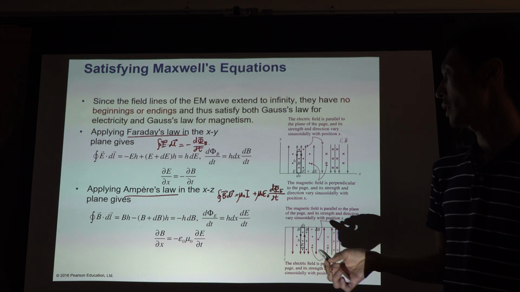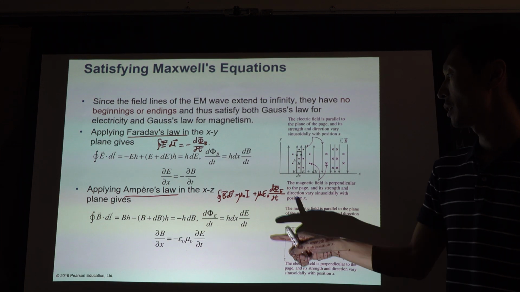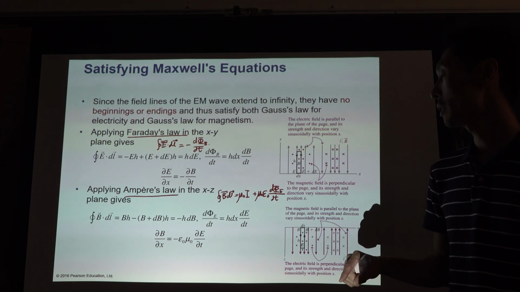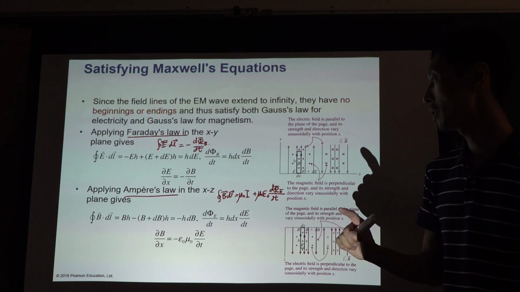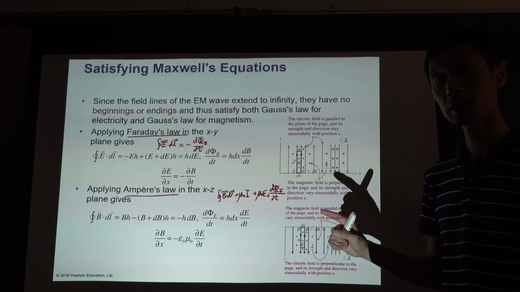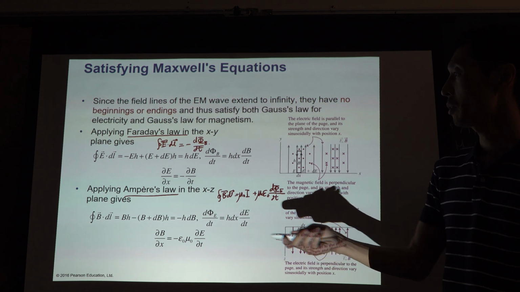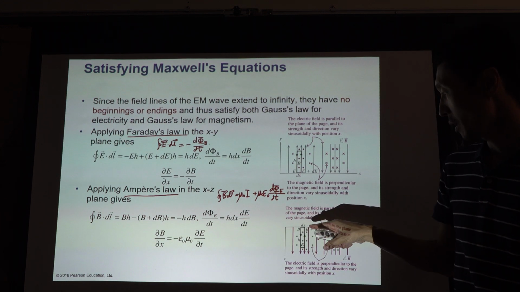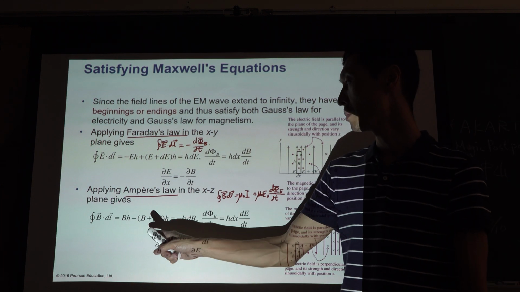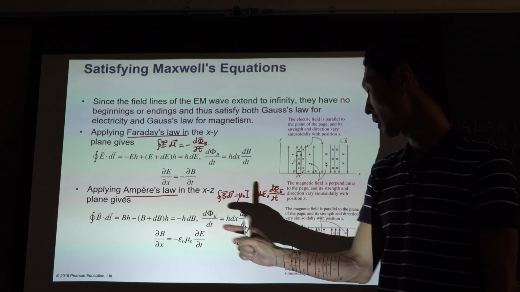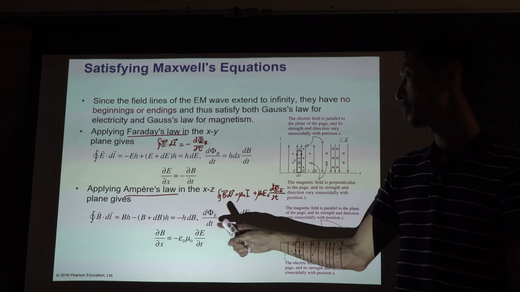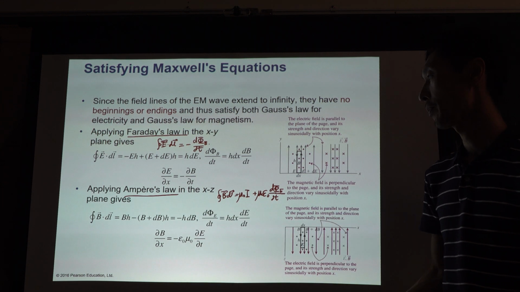And let's apply Ampere's law in this small rectangle here. Ampere's law says that if you integrate B in a loop, then you get the current and the change of electric flux. Then what's the change in B? Again, if the length of the box is h, then Bh minus (B plus dB)h. dB h is a little bit of change in the magnetic field here. So you get minus h dB.